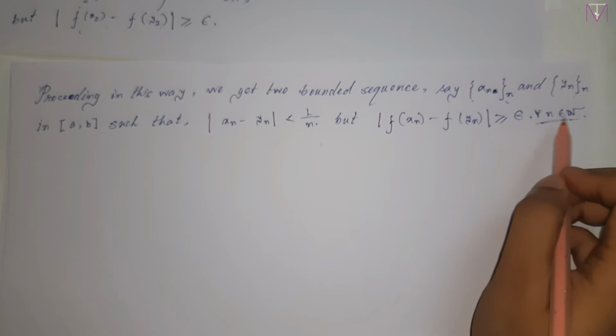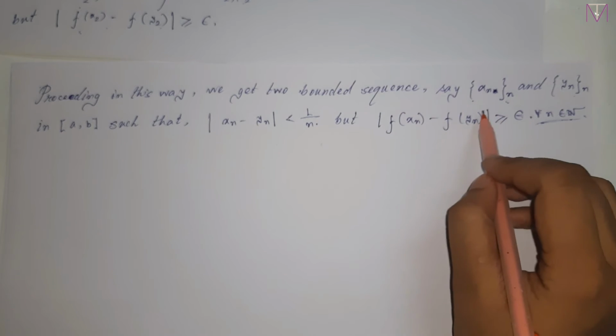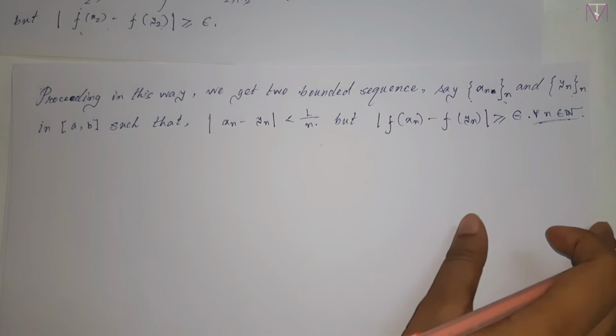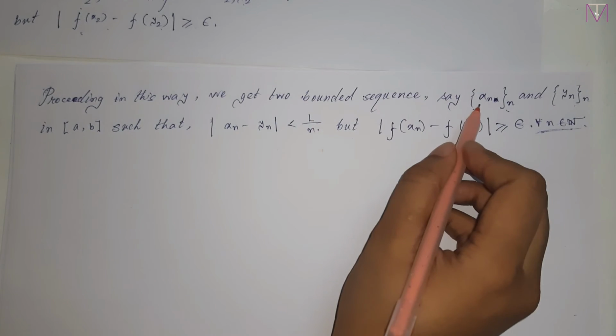For all values of n, we get this. Now these are two bounded sequences.